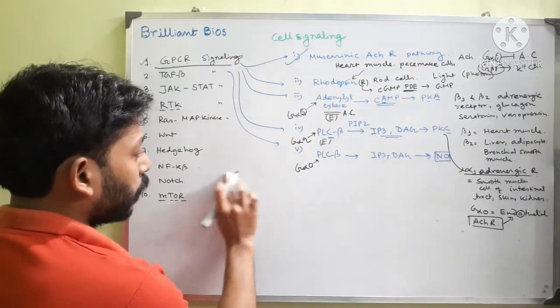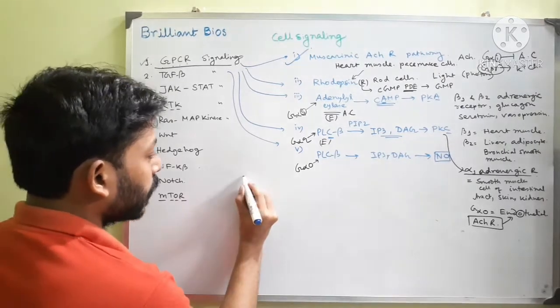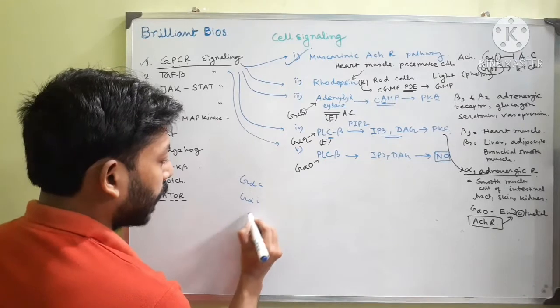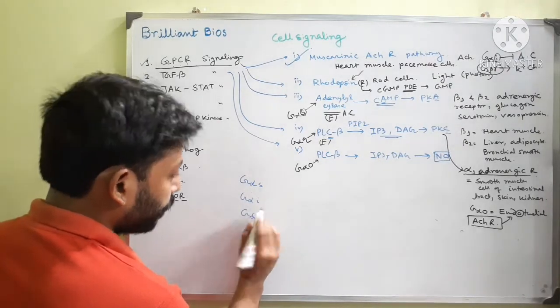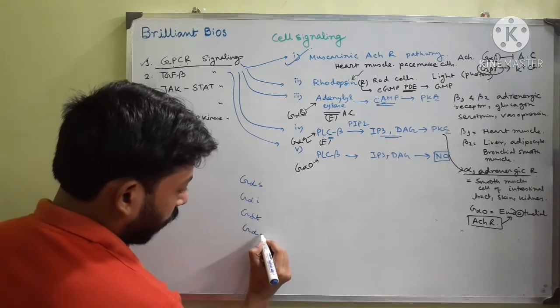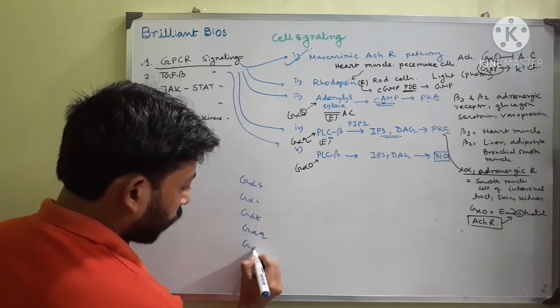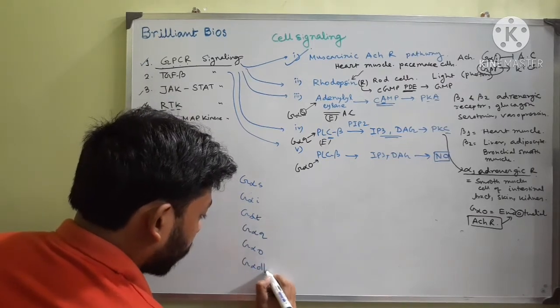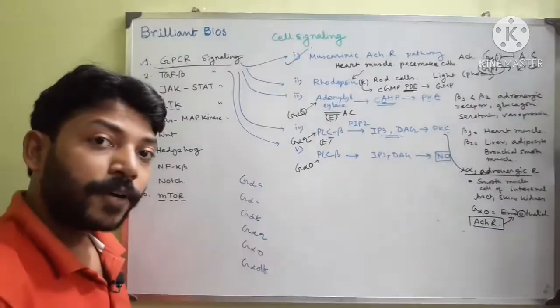The different types of G alpha proteins are G alpha S, G alpha I, G alpha T, G alpha Q, G alpha O. Another is G alpha olfactory. This G alpha S means stimulatory.